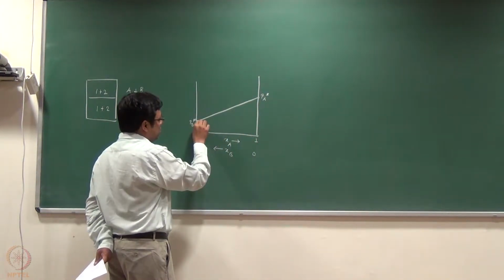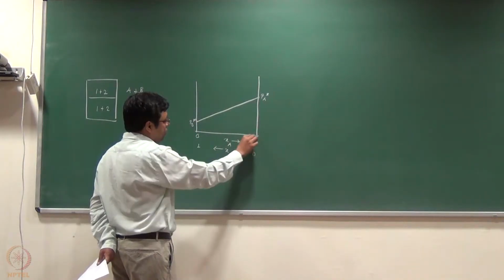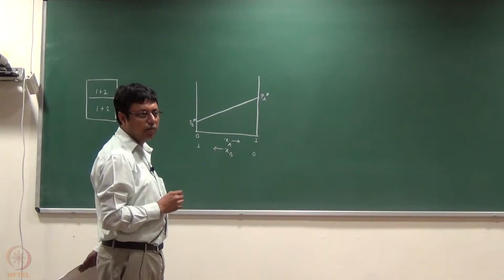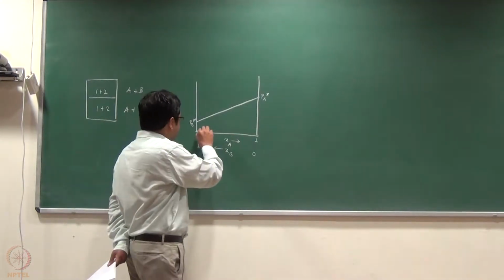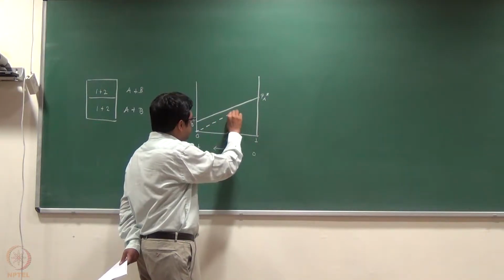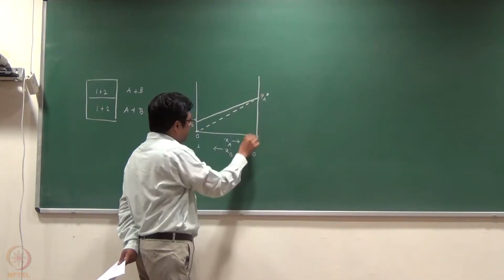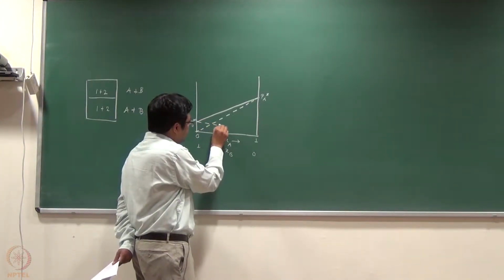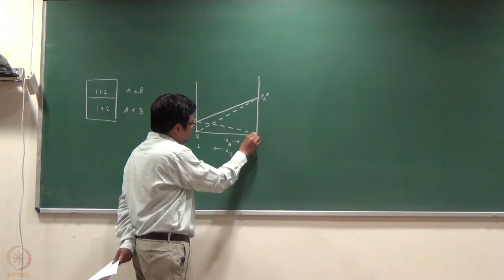Similarly, this will be basically the total variation for the two solvents. But individually, you can understand that this will be something like this if one component was present, and the other one will be something like this, and this is the ideal behavior.